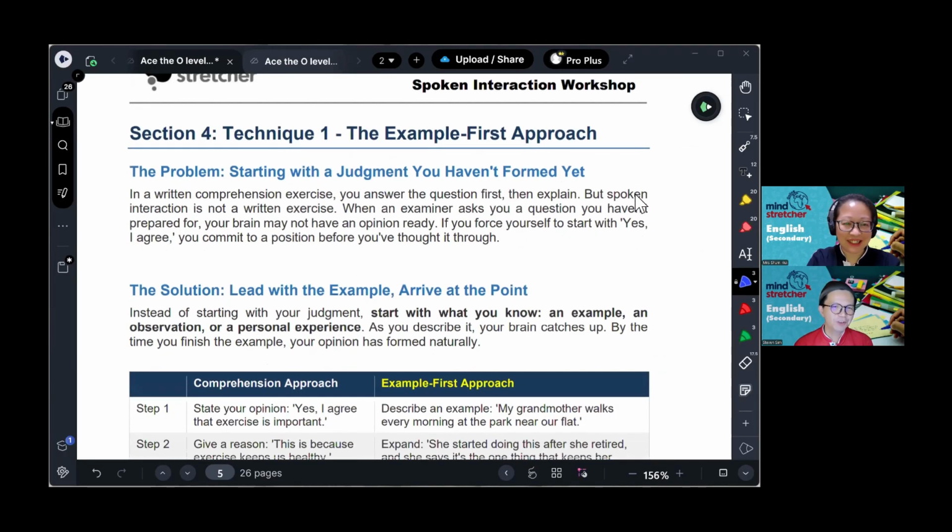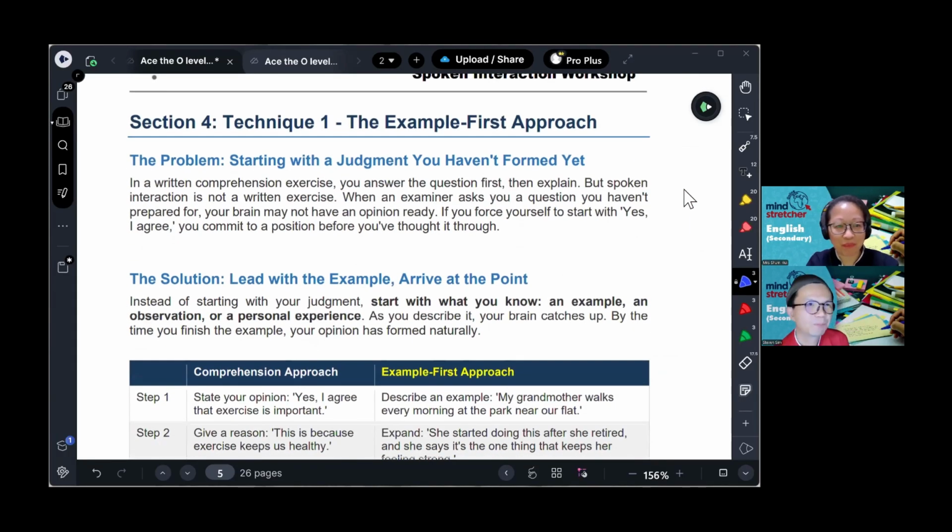Okay. So the first technique. So normally what happens in an essay when you use your PEEL, right? But we say that for spoken, we use your P.E.E.R.S, right?